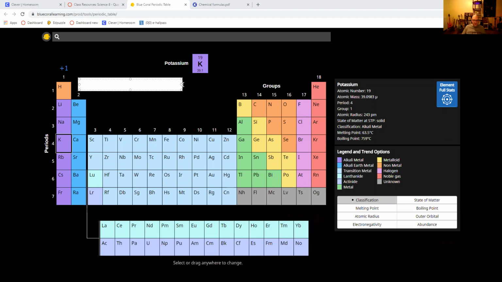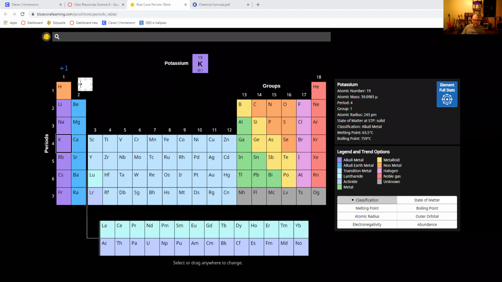Over here, group 2, you'll notice these numbers have something to do with things. We'll always end up losing 2 electrons. It will be +2.